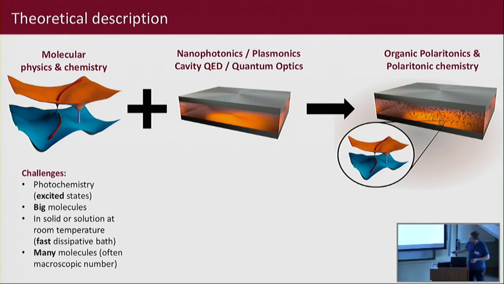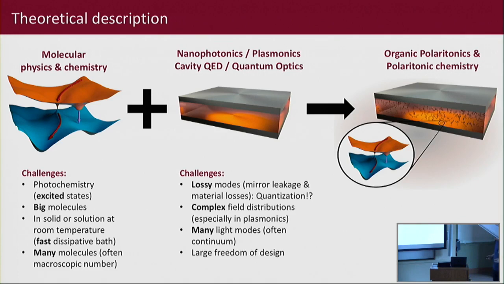This is usually in solid or solution at room temperature, so you have very fast dissipative baths. So you need to do open quantum systems. And you have many molecules, so a macroscopic number of molecules that are included. In addition, for the nanophotonics, you have to take into account that you have really strongly lossy modes, especially for the plasmonics that you want to use for few-molecule strong coupling.